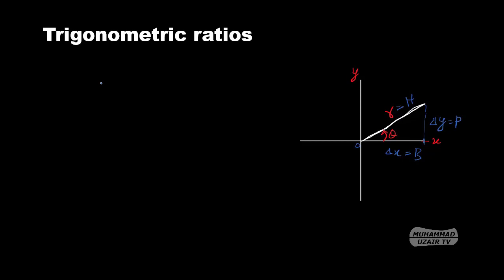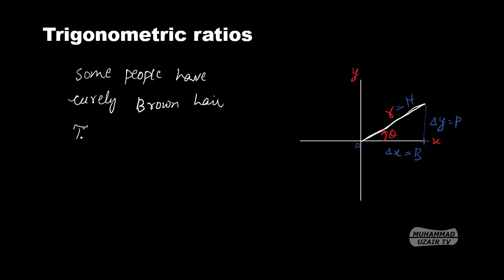So for the trigonometric ratios, for our simplicity, we need to remember this line: Some people have curly brown hair through proper brushing.